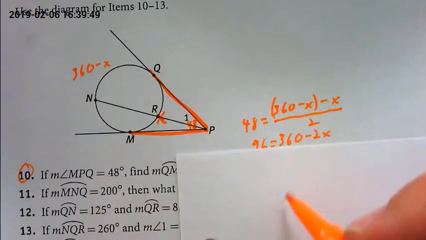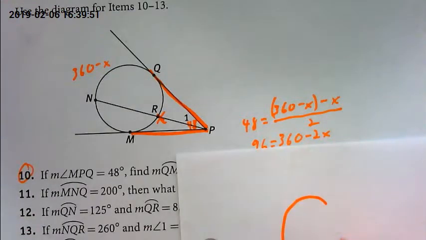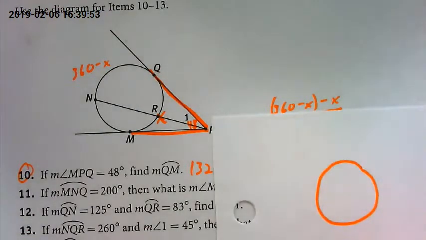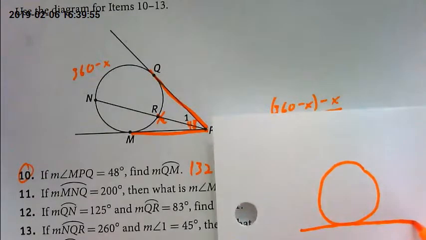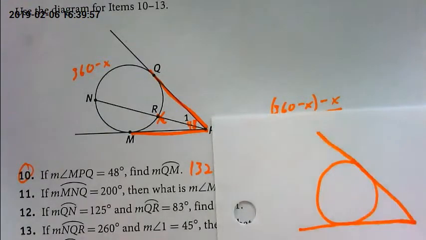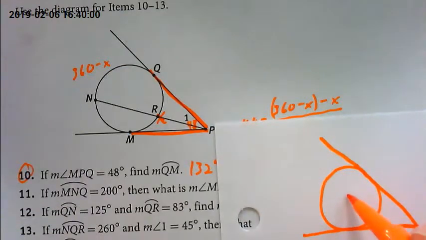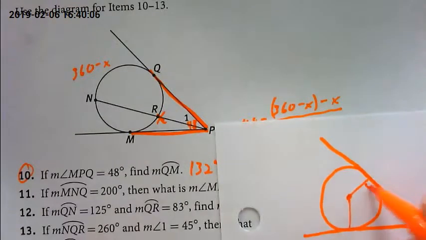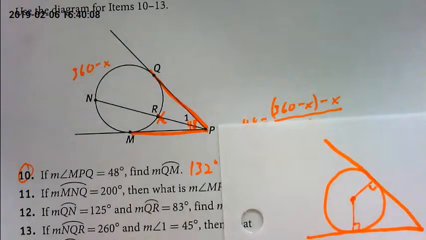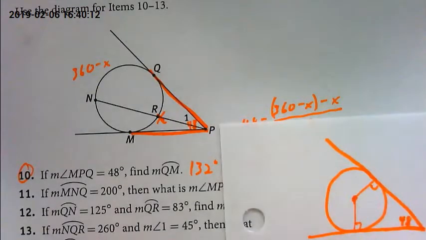So on here, I'm going to draw that image again real fast. Let me just do my best to draw that. All right. If I was to draw in my two radii to those points of tangency, we'd have right angles. Now, this is 48.